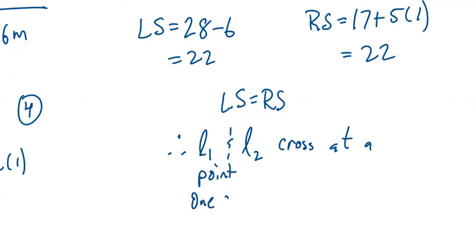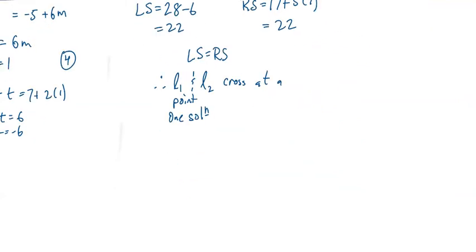Okay? And so how are we going to actually find our point? Sure, sub in m or t into whichever one you want. Okay, so we can do m into L2. So we're going to sub m equals 1 in L2.